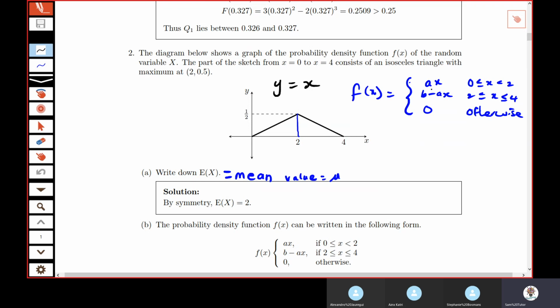It's just that a is missing. A is your gradient, rise half, run 2, so that should become a quarter. Do we understand that one? So that becomes y equals a quarter x. Yes.